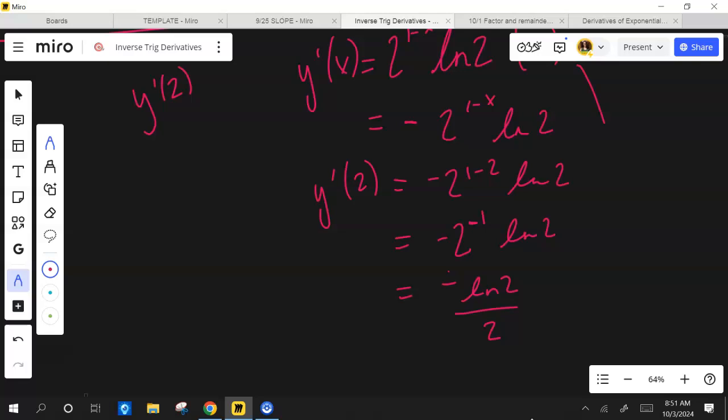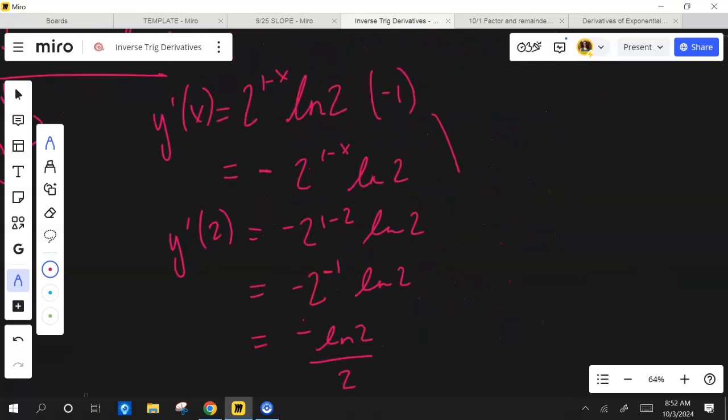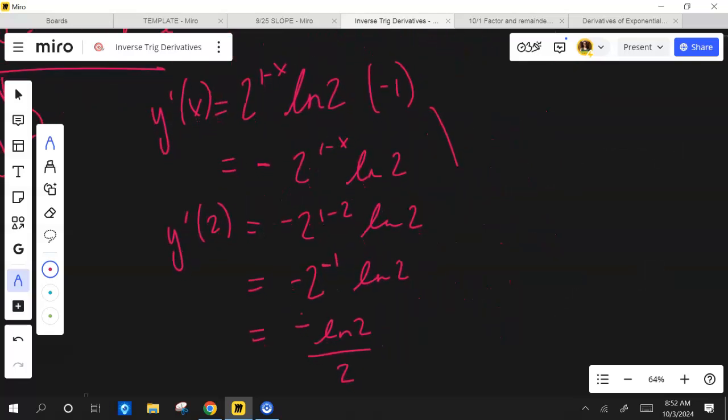All right. Did you get negative log 2 over 2 for your slope? If you didn't, you're wrong. If you did, you're right. If they asked you for the equation of the tan line, that's a different problem, right?